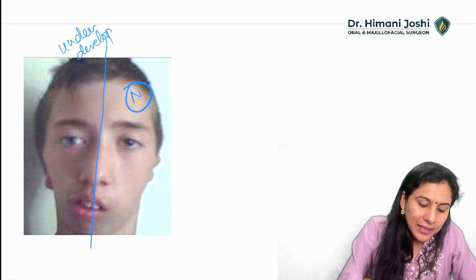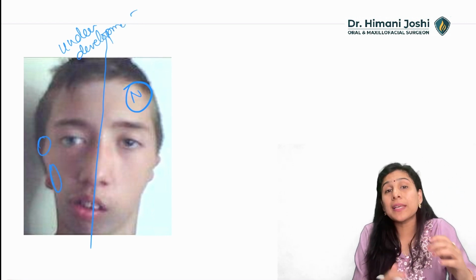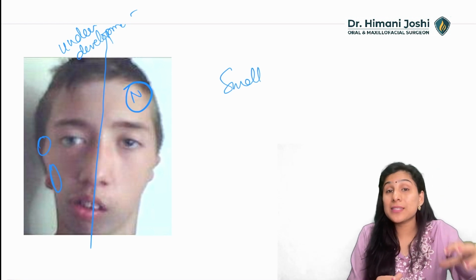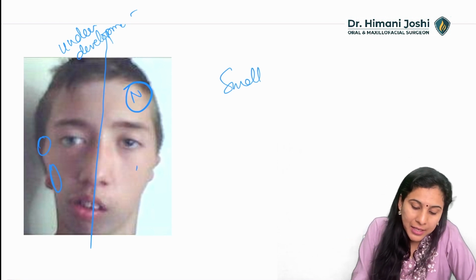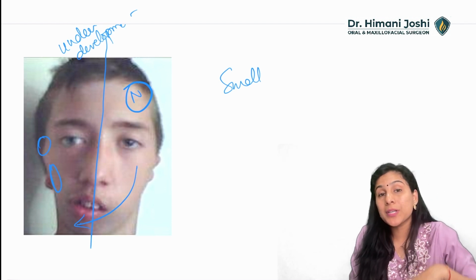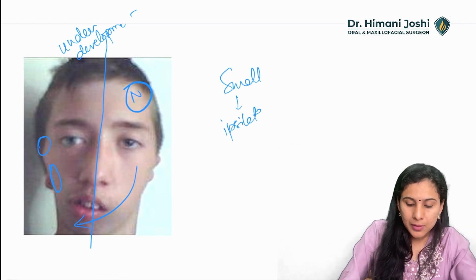Because of the underdevelopment, there is short condyle, there is short ramus, and everything is small. Whenever there is reduction in length or resorption, the other side will be normal and it will push it towards the affected side. So again, there will be ipsilateral deviation of chin.